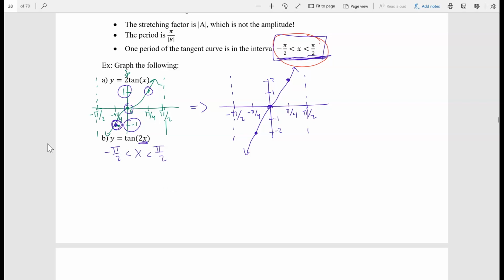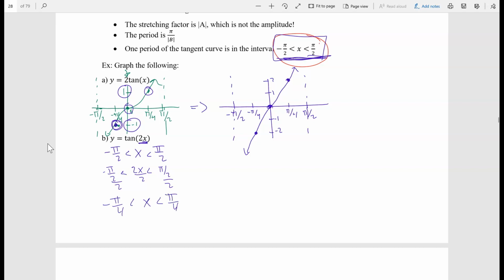So we have negative pi over 2 less than x less than pi over 2. Here, where the asymptotes are at, those will be the new asymptotes. So you're going to have 2x in here, between negative pi over 2 and pi over 2. I'm going to divide by 2 on all three sides. So what I'm going to have is negative pi over 4 and pi over 4.